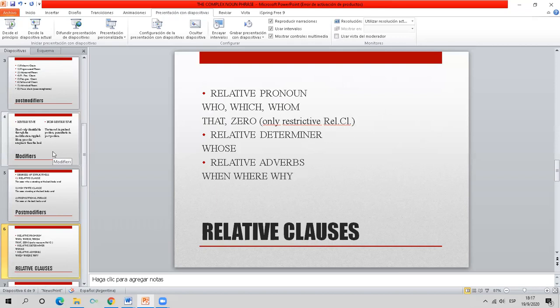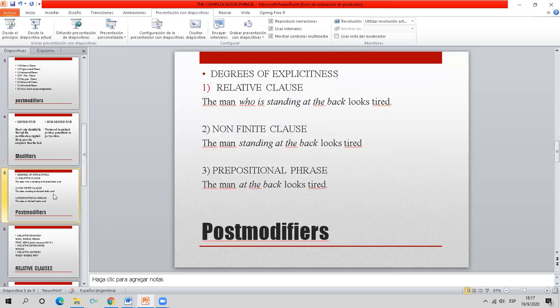Apart from thinking about restrictive and non-restrictive modification, when dealing with post modifiers, we should also think in terms of the degrees of explicitness. Look at these examples. I could use a relative clause as post modifier and say, the man who is standing at the back looks tired.